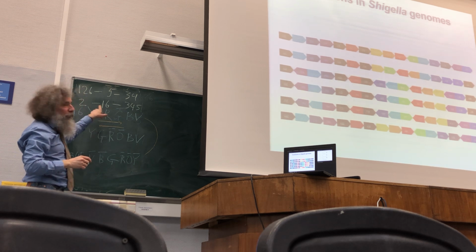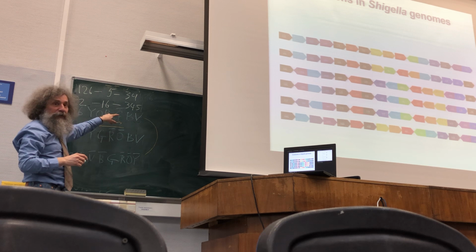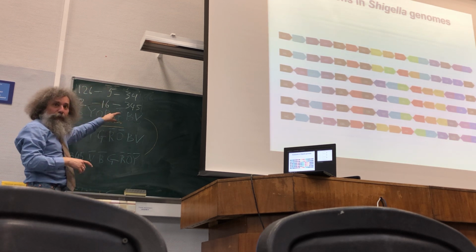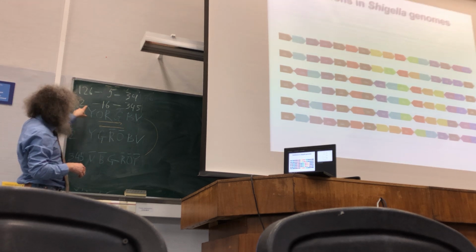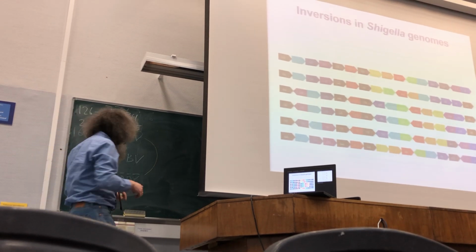Again, we don't know which of them is the ancestral form, but we know that these operations distinguish them. And we can order them. What's even more important, we can not only put them into classes with the same sequence, but we can also order these classes. Okay.